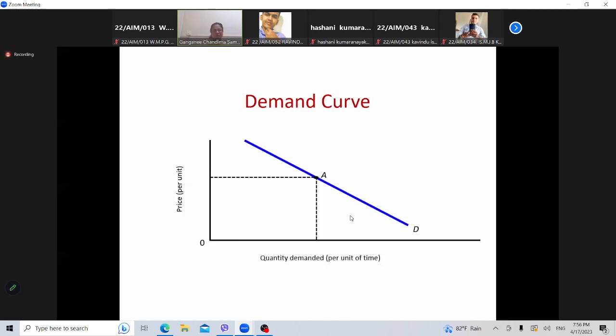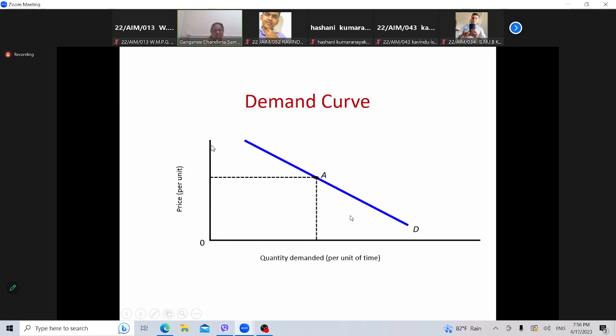So here you can say each price, let's say this quantity demanded here and here the price. So we can demarcate clearly at what price, what quantity is demanded. They may have different points here, different prices, different quantities.